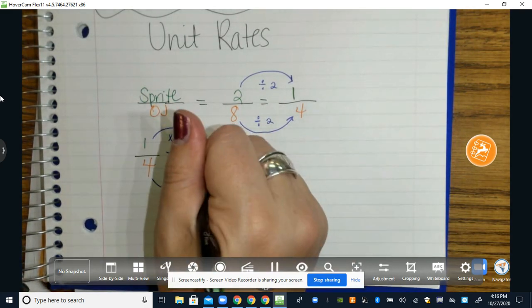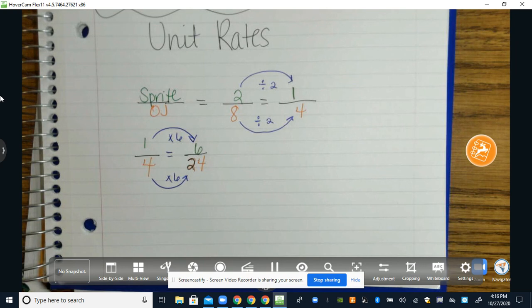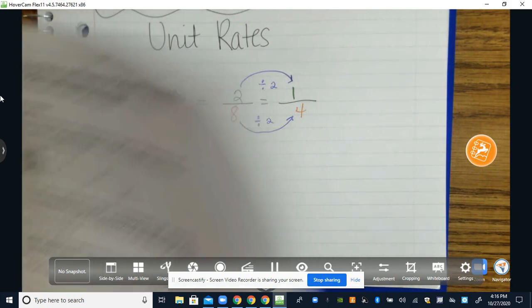And I get 6 cans of Sprite. So the answer still stays the same no matter the 4 different ways to solve it. I'm just showing you there are many different ways to solve rates and ratio problems. Some of them don't always work the same, so it gives you different ones that you can work with.